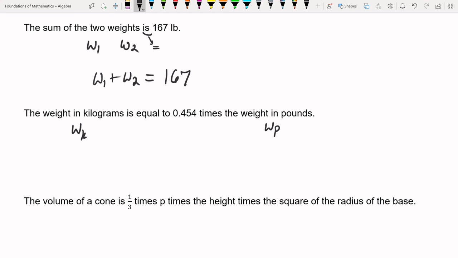The more it relates to the problem, the easier it is to see what these variables mean. In this case, we have the weight in kilograms is equal to 0.454 times, multiplication, the weight in pounds. So there's an equation that's coming from the words.